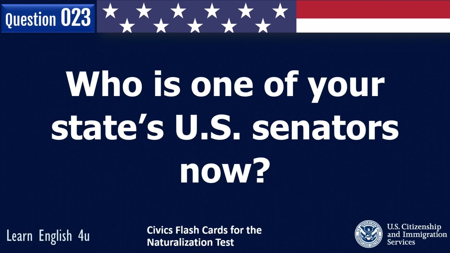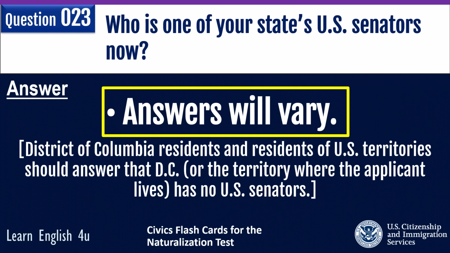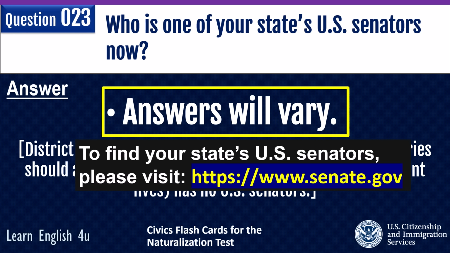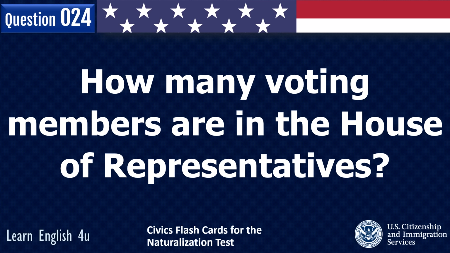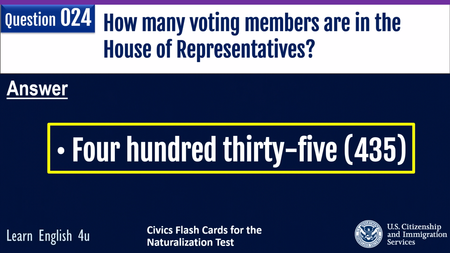Who is one of your state's U.S. Senators now? Answers will vary. To find your state's U.S. Senators, please visit. How many voting members are in the House of Representatives? 435.